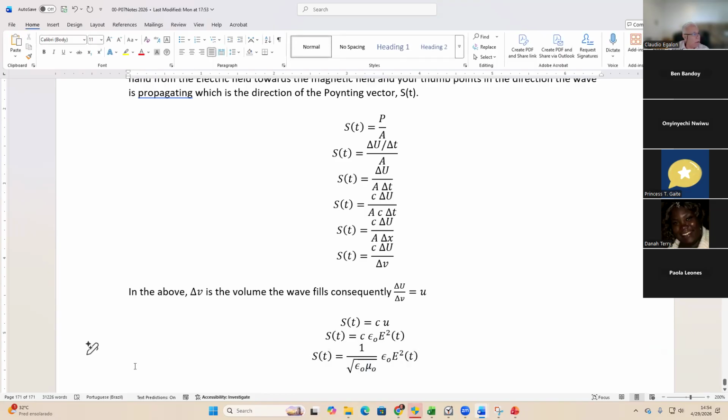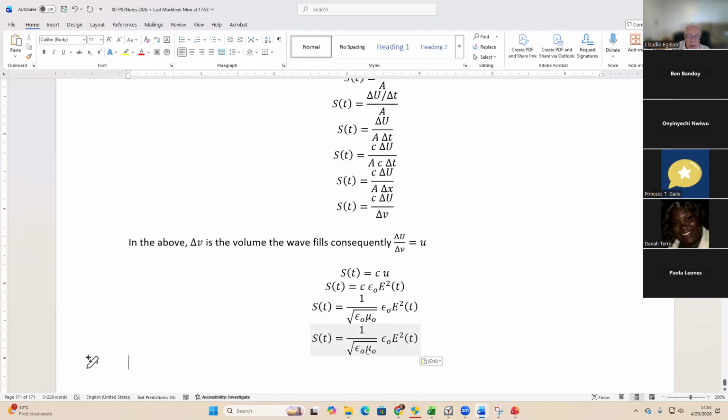And we end up with the square root of epsilon naught over mu naught.